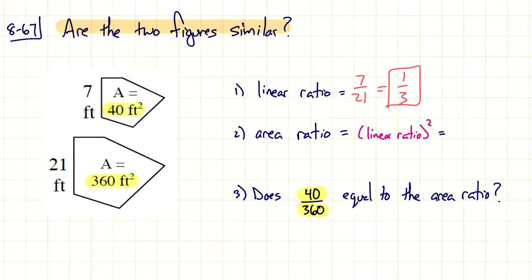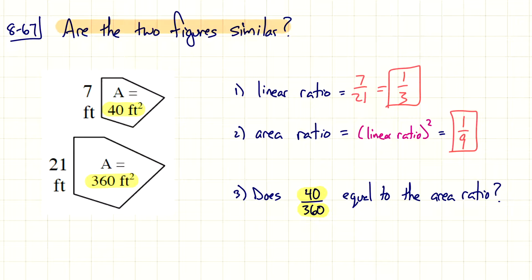So then what is the area ratio? Well, I've kind of given you a hint here. Linear ratio squared. So 1/3 times 1/3 is going to give us 1/9. Okay, so we've calculated linear ratio and area ratio. We still haven't figured out if the shapes are similar.